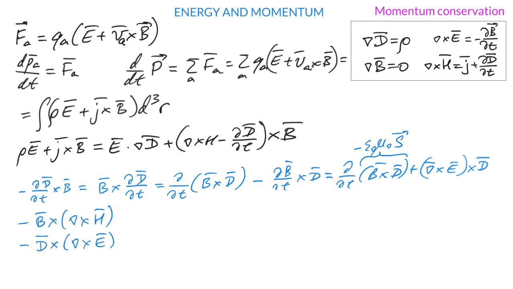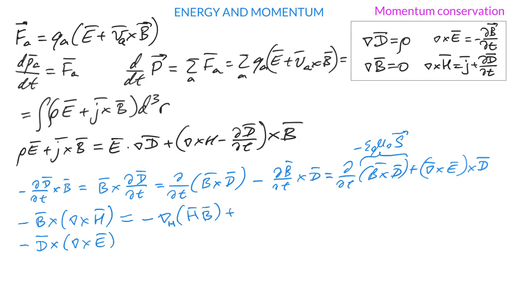So each of these terms is a double cross product. Now we need to be careful to remember that the del operator only acts on what sits to the right of it. So in this first expression, del only acts on H. So if we use the double cross product, there will be a term with negative del_H H dot B, and here del only acts on H. So I'll supply the del with a subscript H to emphasize that, otherwise we'll forget.